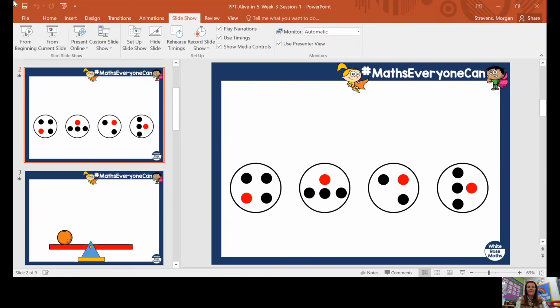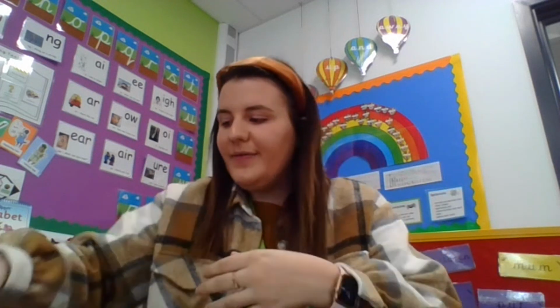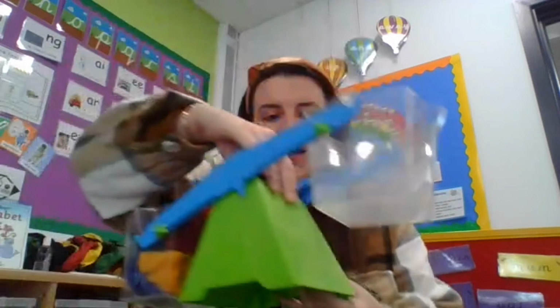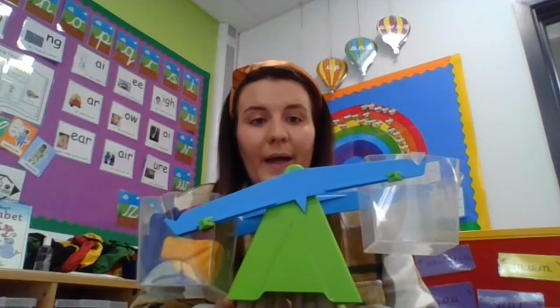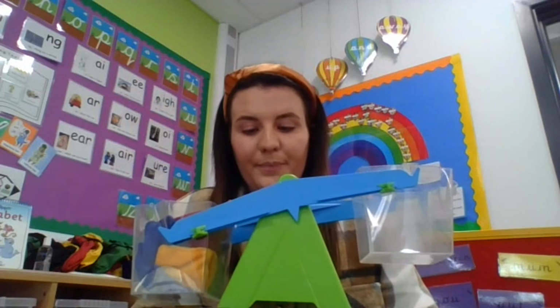Now I'm going to stop sharing my screen so you can see me, reception. Now it's your turn. I would like you to explore what happens when you weigh different objects. You might have a balance scale, like the ones we have in school, maybe in your homes.